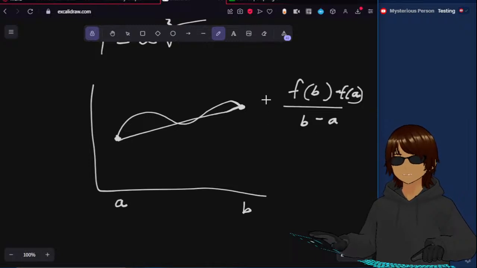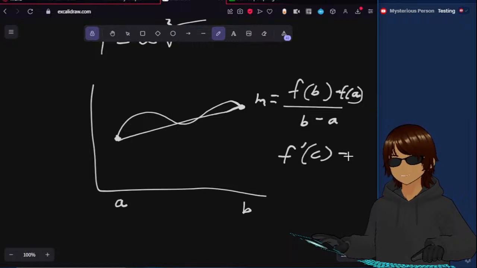Let's say this is equal to m. So the mean value theorem is that there is a point C in between such that f prime of C is equal to m.